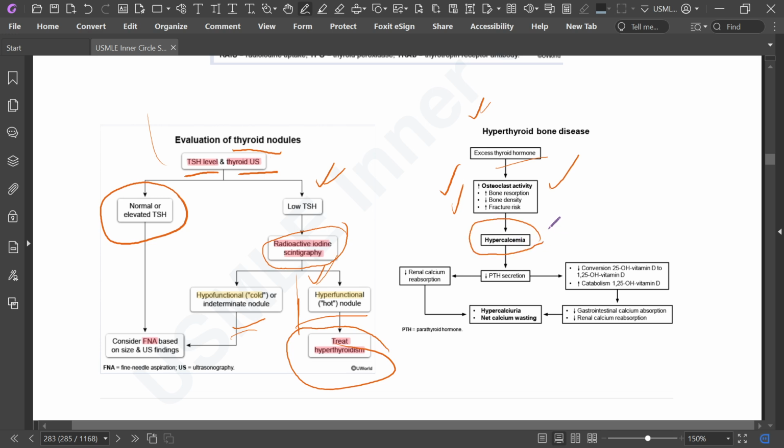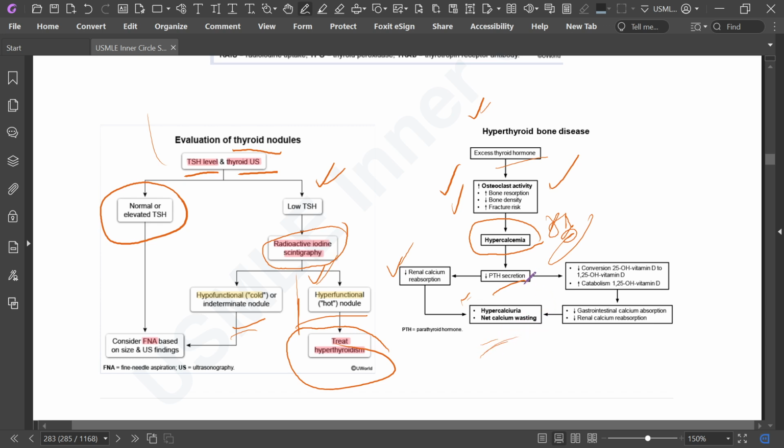If there is hypercalcemia, there is decreased renal calcium reabsorption. In hypercalcemia, there is decreased PTH secretion, decreased renal calcium reabsorption, hypercalciuria and net calcium wasting.